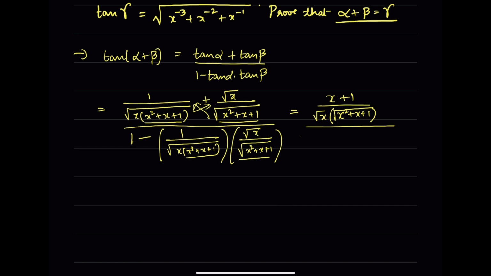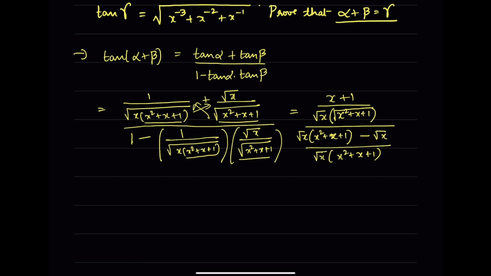So the denominator would be square root of x multiplied by x squared plus x plus 1 minus square root of x, divided by square root of x multiplied by x squared plus x plus 1. Correct? Now let's see what can be cancelled out here.